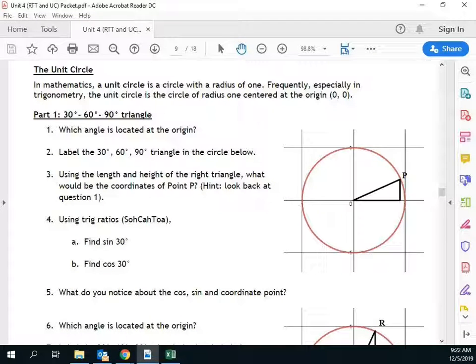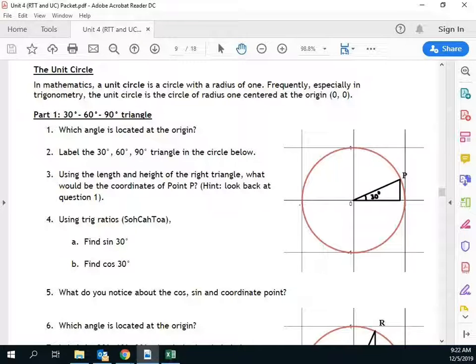So then we go through and say, okay, it says, looking at the 30, 60, 90 triangle in the circle below, using the length and height of the right triangle, what would be the coordinates of point P? Well, if this is a 30-degree angle here, on the previous page, we said the side opposite of it, what was the length of it?